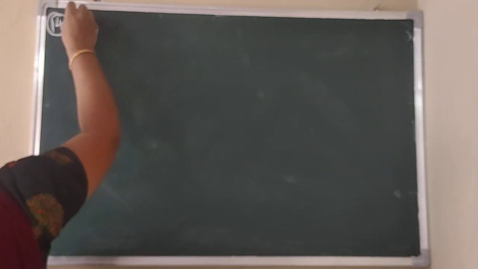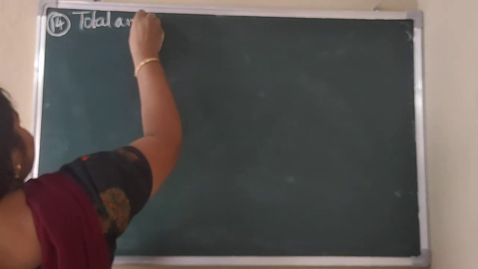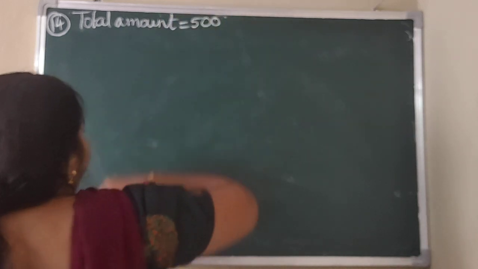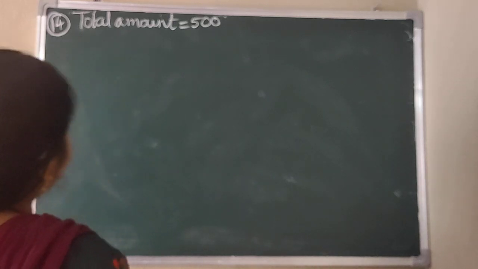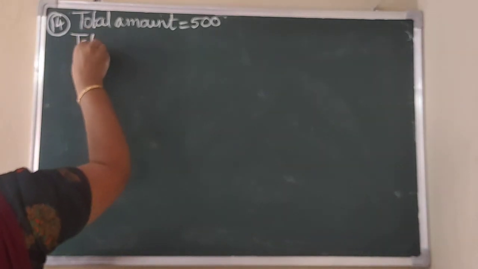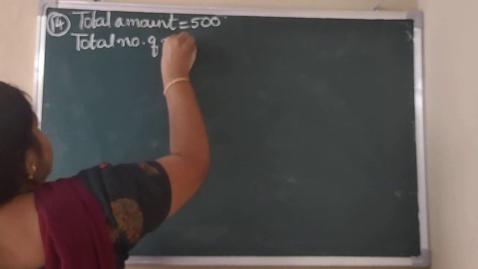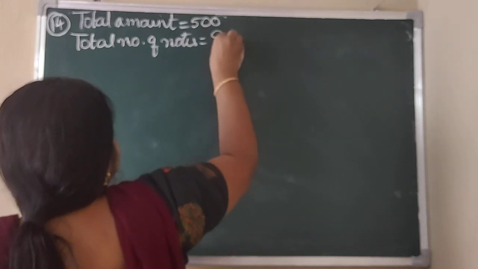So how many 5 rupee notes are there and how many 10 rupee notes are there, we have to find. So here what is the total amount? Total amount is 500. And total number of notes is 90.